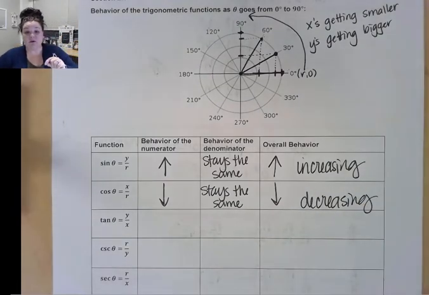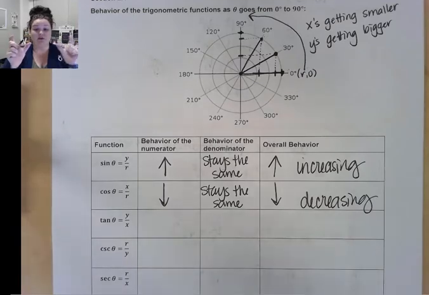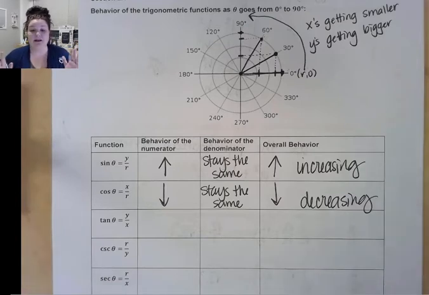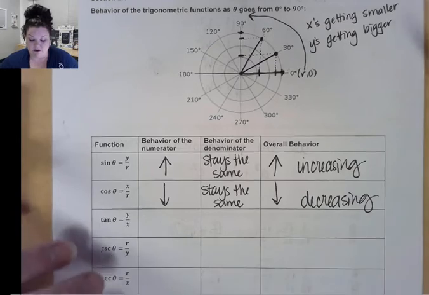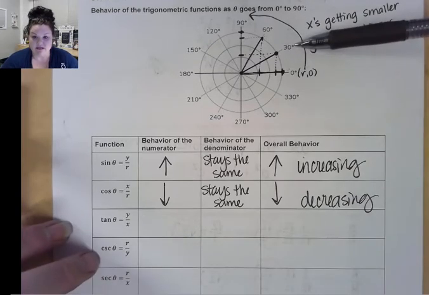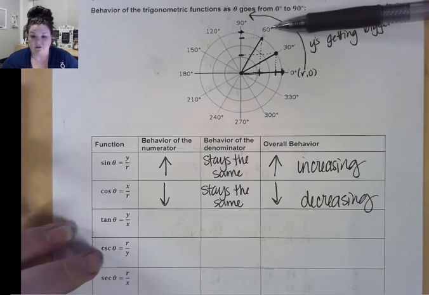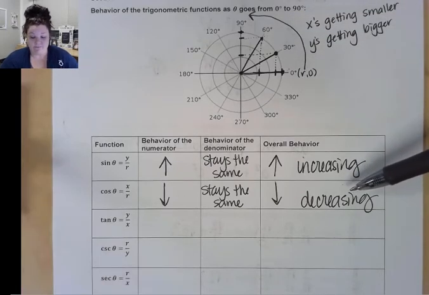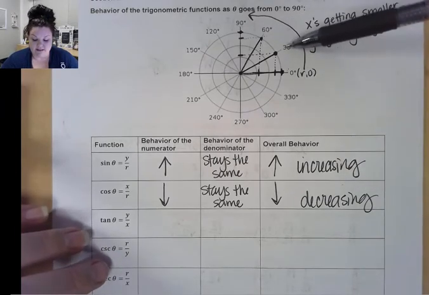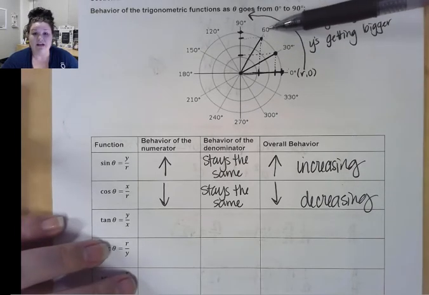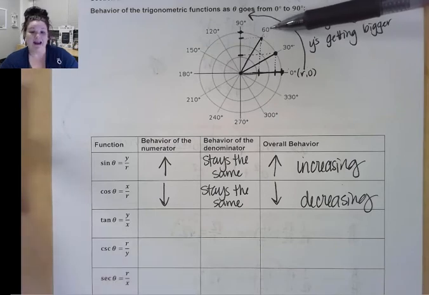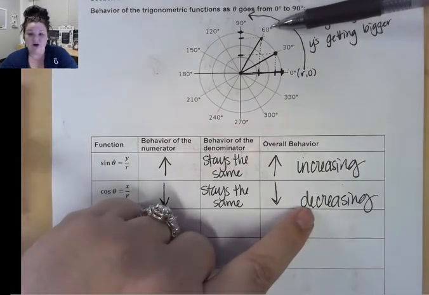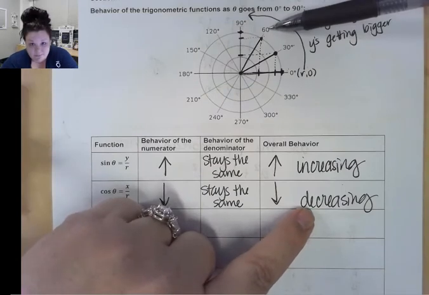Okay, so this is helpful because now if we want to compare two cosine values without even needing to calculate what they are, we should be able to determine which one's bigger just by looking at the angles. So if I want to compare, say, the cosine of 30 degrees to the cosine of 60 degrees, well, if I know that cosine is a decreasing function, then when I look at these two, since 60 is a bigger angle value, that means that its cosine is actually going to be smaller, right?